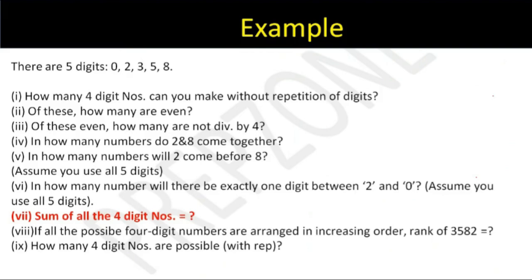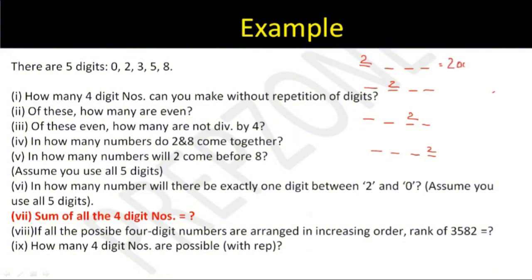Now it's a 4-digit number, right? So 2 can be here. We'll start with 2 and then do it for 3, 5 and 8 as well. 2 can be here and here. Please tell me the expression for this first case. What is the value of 2 in this particular position?